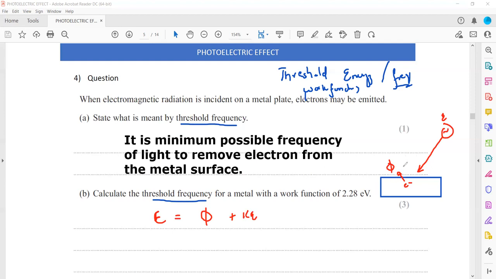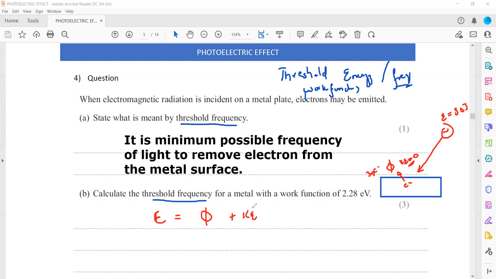But for the minimum energy which we need to remove an electron, the kinetic energy should be zero. So if the energy of the photon is 30 joule, the electron absorbs it and just goes out, so the work function is also 30. So what is the kinetic energy in that case?